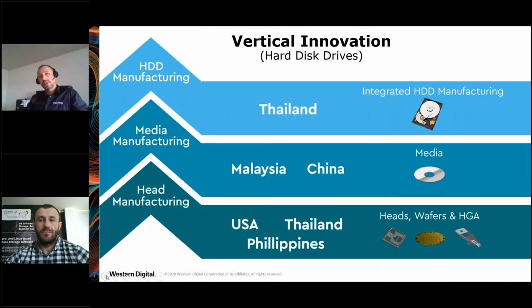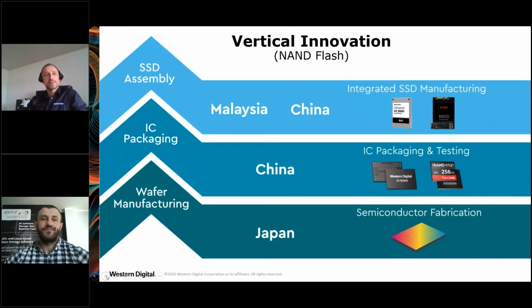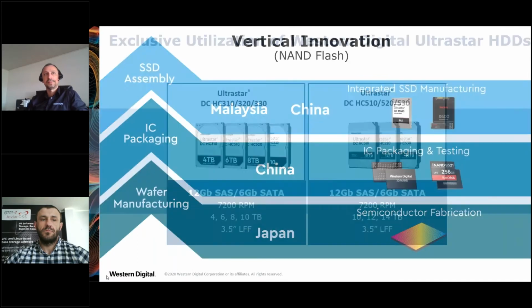And we integrate vertically, both our hard drives, starting from the heads, wafers, head gimbal assembly, media, everything put together. Similarly, our flash products, starting from the semiconductor, where we are one of the few manufacturers of flash wafers, until the final product, we build everything in-house, which gives us quite strong control on the quality, right?